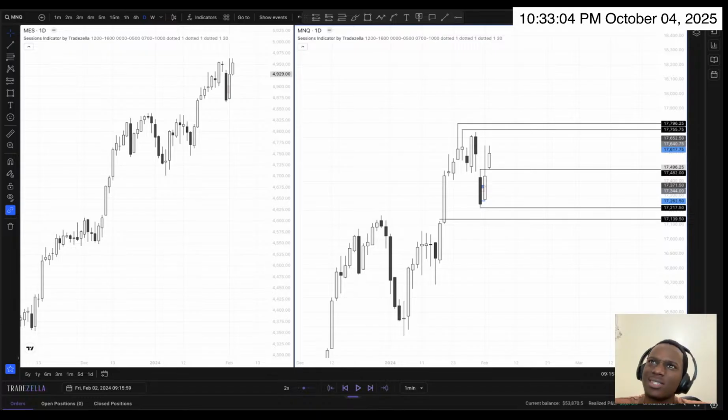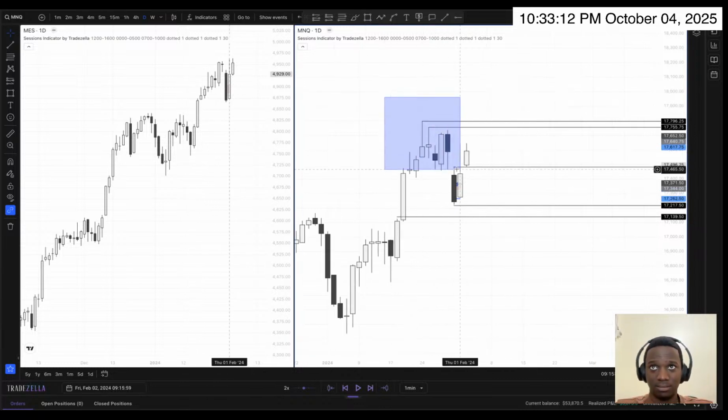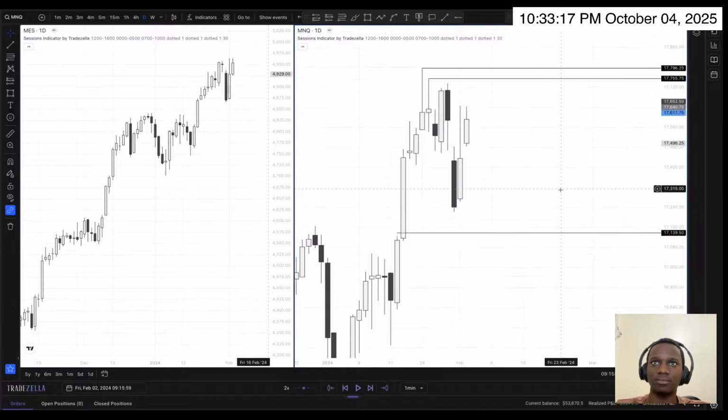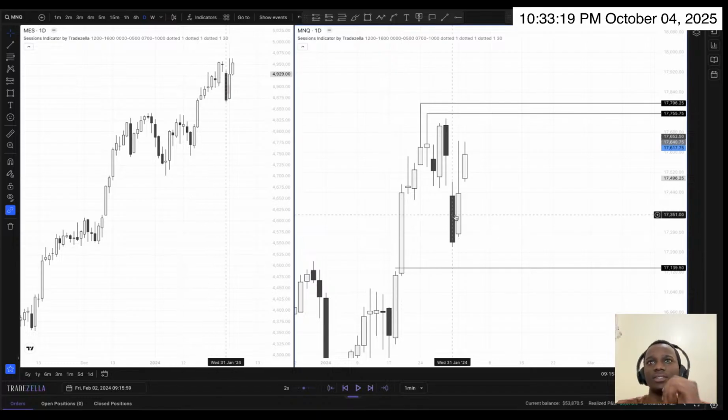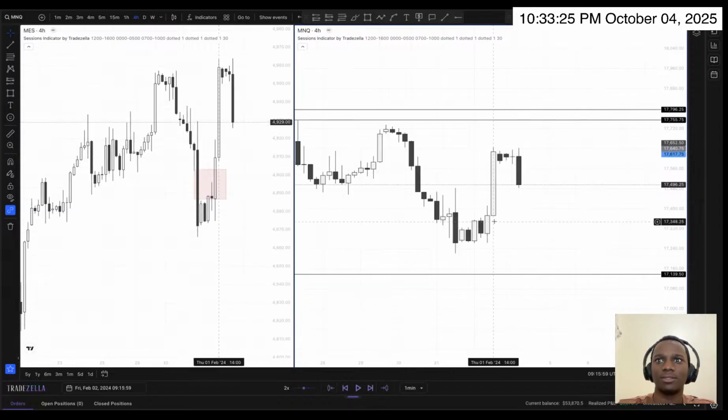Okay, now this is confusing. What kind of chart is this? So I'll remove this. No, we're rejecting the daily fair value gap, but these kinds of candles, I don't know why they're screwed up. Let me check the 4 hour. Okay, Friday closed somewhere here, opened here.